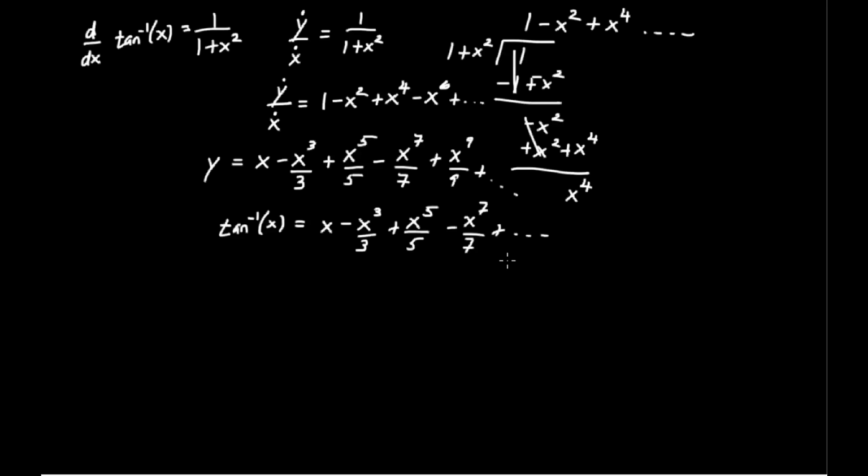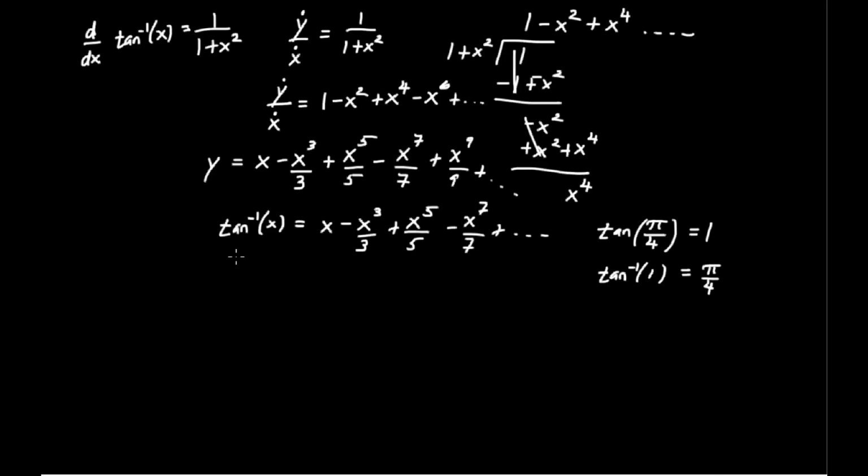And now, again, I'd like to point out a very special and very famous case of this infinite series. And it comes from the fact that the tangent of pi over 4 is equal to 1, which implies that tangent inverse of 1 is equal to pi over 4.